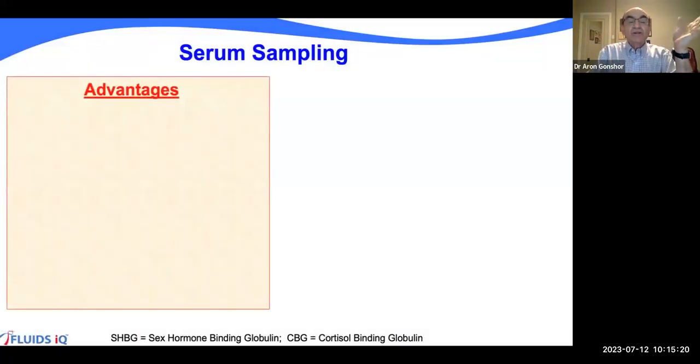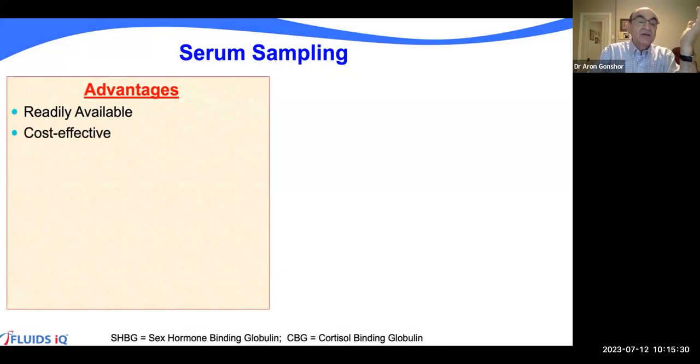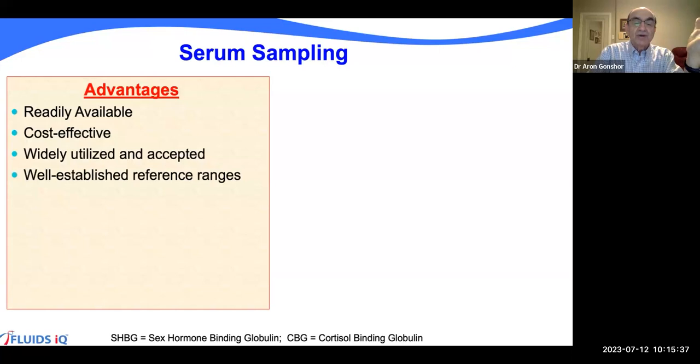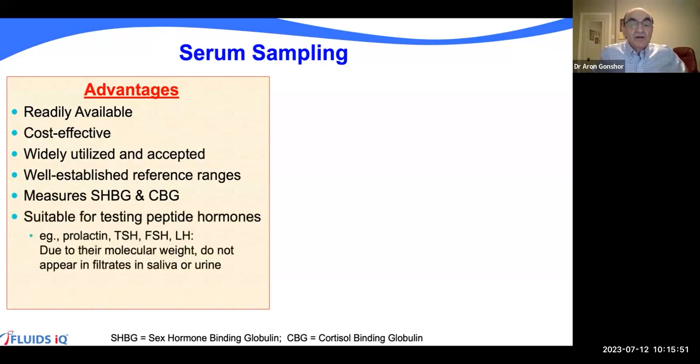So very quickly, what are the advantages of testing in blood, specifically serum? Well, it's readily available. Go to any hospital, any clinic, you can get it. It's relatively cost effective because there's so much of it being done. It's widely utilized, quite accepted, very established reference ranges, definitely, that's used in thousands and thousands of hospitals. It does also measure these binding globulins that bind up the steroids, if that's what you're looking for. And it's suitable for testing peptide hormones.